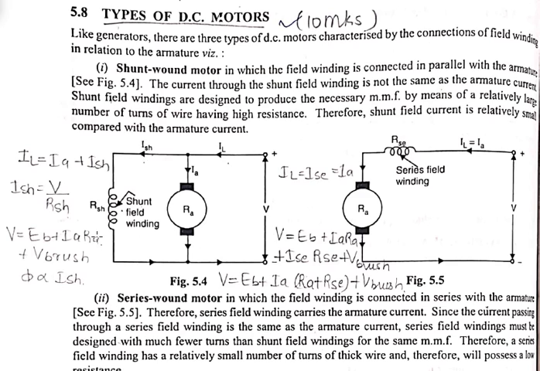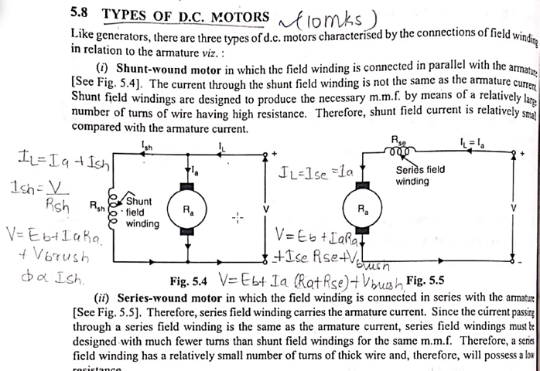This is the field winding, which is connected in parallel to the armature winding, and this path carries a current of ISH, the field winding current, and the field winding has a resistance of RSH. This motor is connected to the external voltage source, and its voltage is represented as capital V. This is a DC supply, so we have a polarity plus and minus.